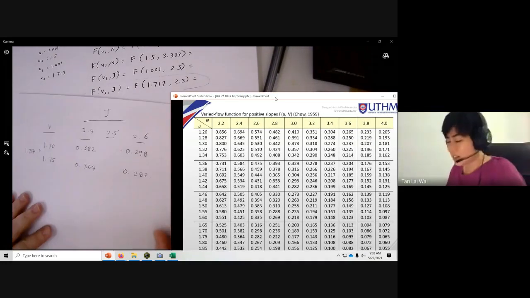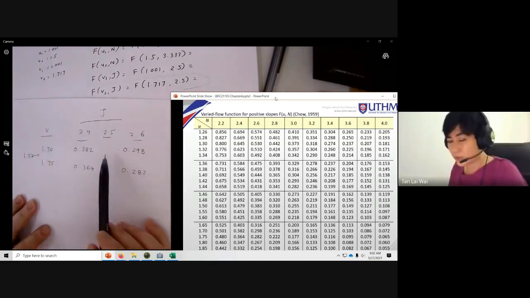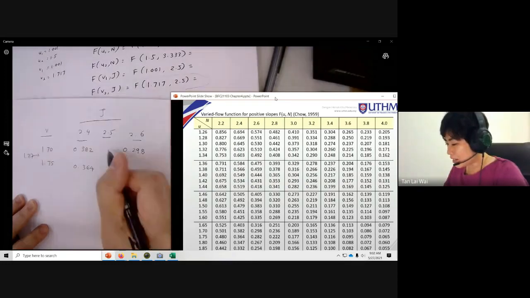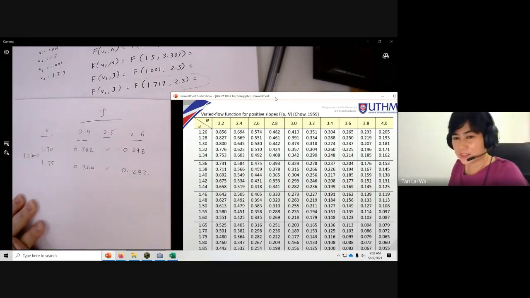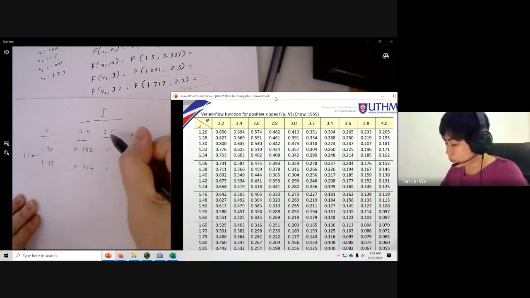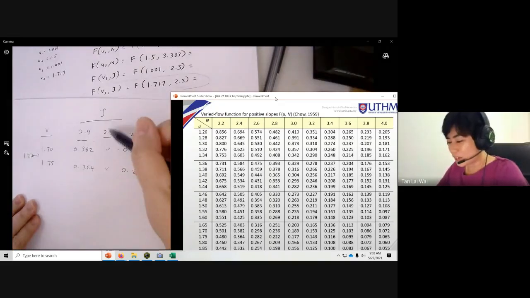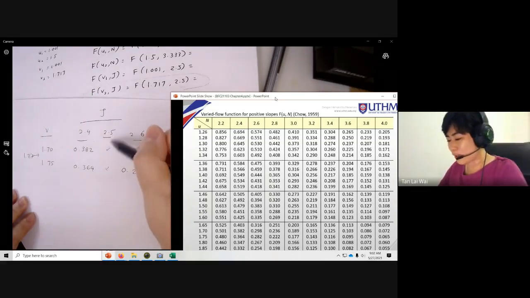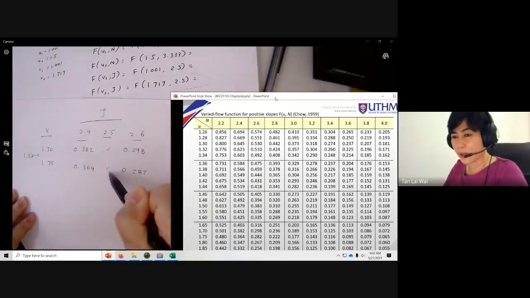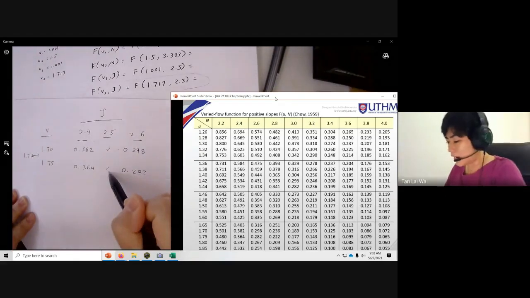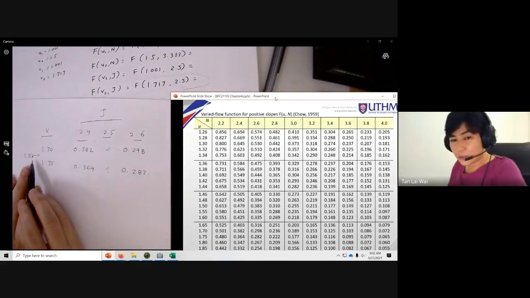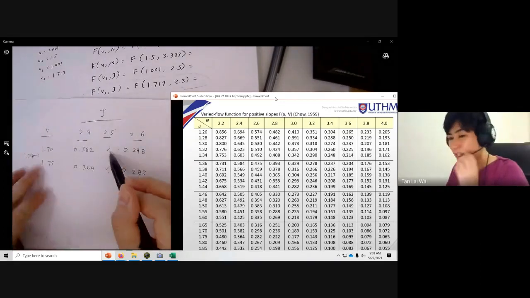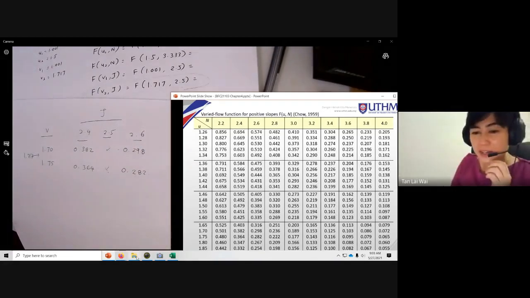In this case, I would need to do interpolation to get this number here. Once I get this number for 2.5, I have solved for J. When J equals 2.5, I got the value already for FVJ. But then I still need to solve when V is equal to 1.717, so I need to do interpolation as well.